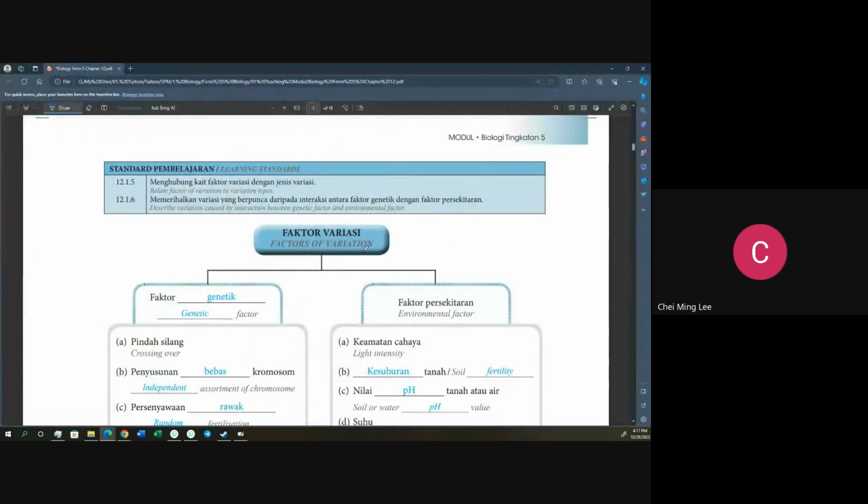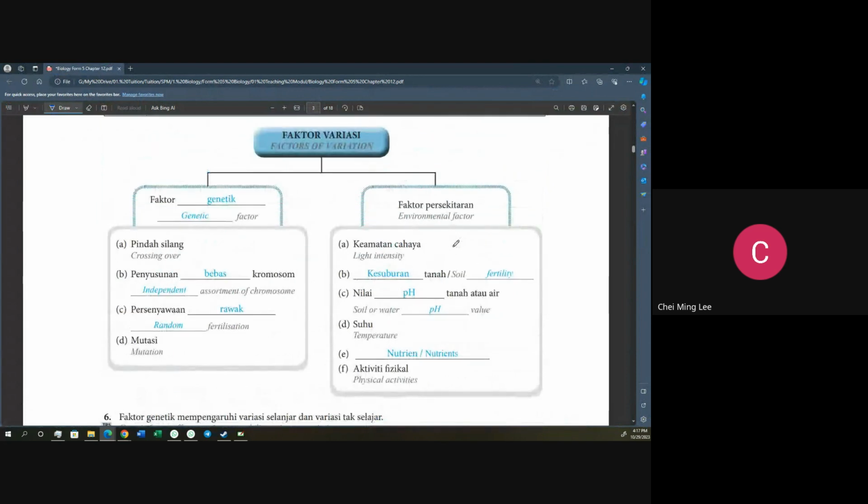All right. For the factors of variation, just like we said, there are two types of them: genetic factor and environmental factor. For example, for genetic factor, we have crossing over, independent assortment of chromosomes, random fertilization, and mutation.